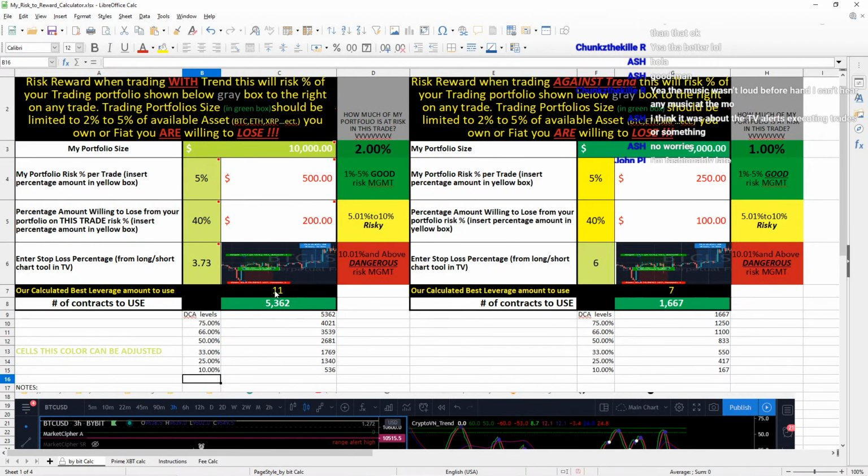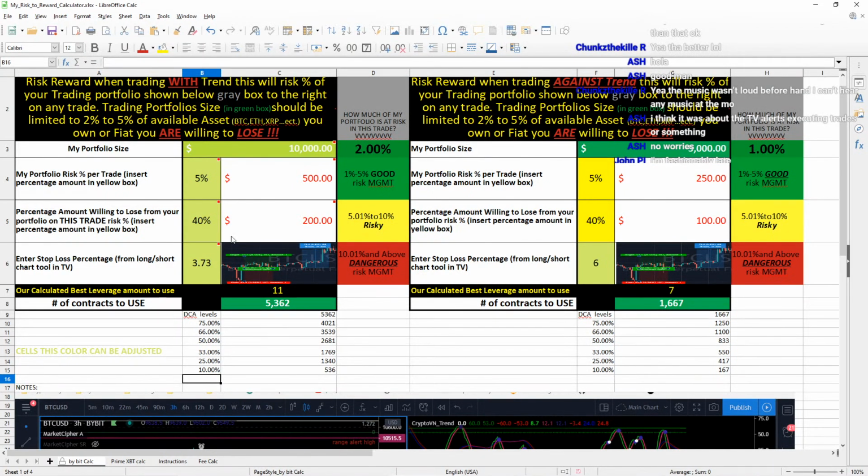So on Prime XBT, or if you're using cross leverage, I don't know that I would do this. You want to be able to manually put in your leverage. You would go 11x, and to risk 2%, you would use 5,360 contracts.